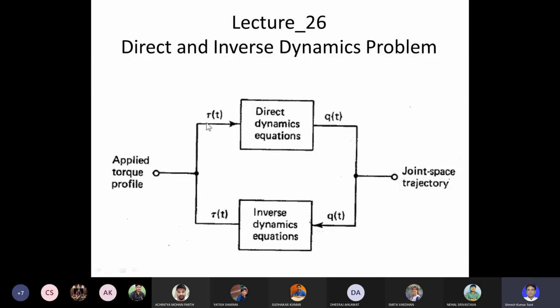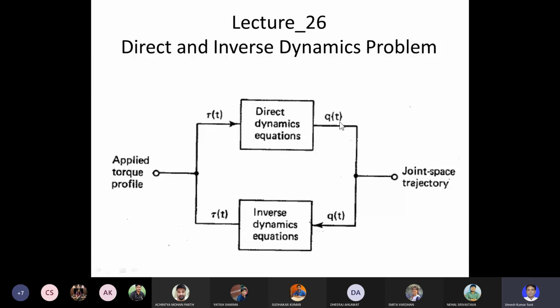It is a matrix. Suppose tau t represents a vector and Qt represents a vector. So input vector is tau 1, tau 2, tau 3, means the different torques applied at individual joints by the motor. And now you need to determine the joint variables and joint space trajectory.